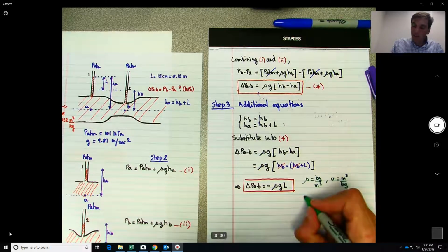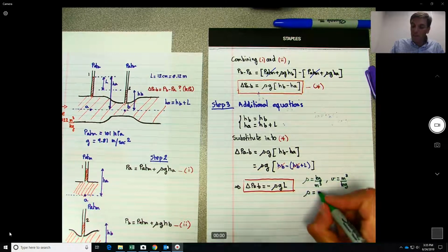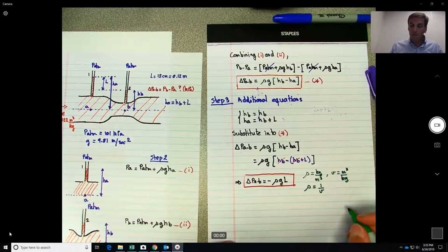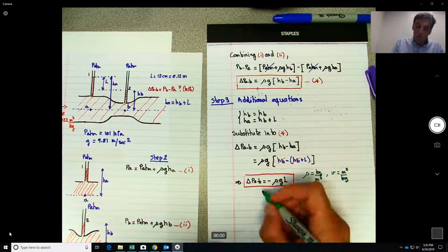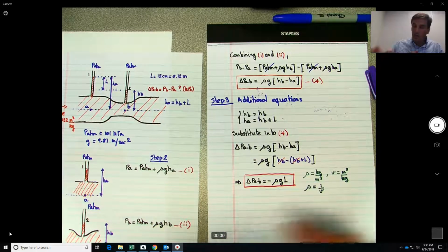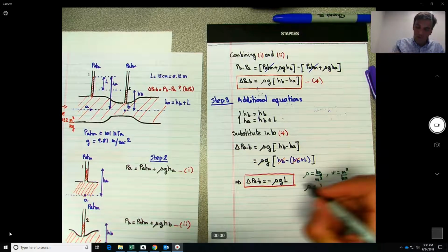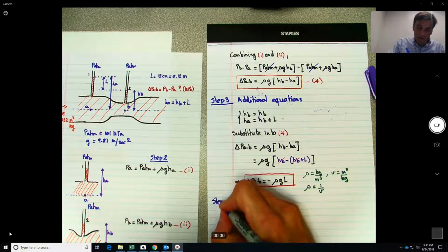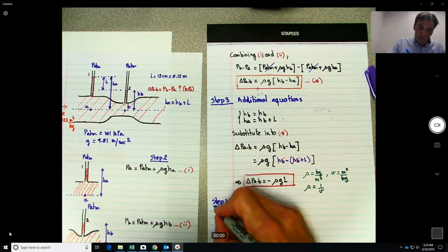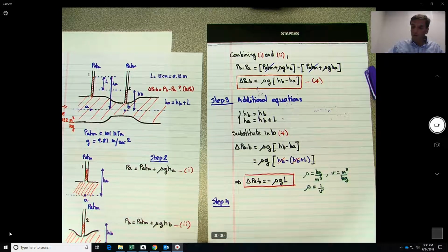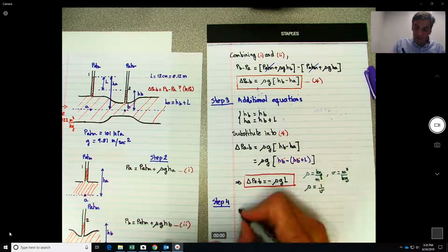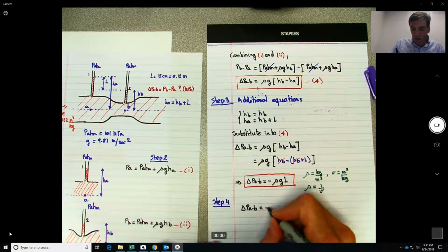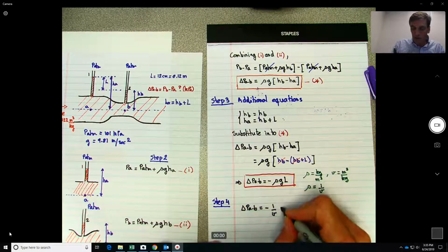So basically, the density is just equal to the inverse of the specific volume. So the above equation, if you want, you can go now to step number 4 and solve, but if you want, this time we can just say that the change in pressure will be equal to minus 1 over V times G L.